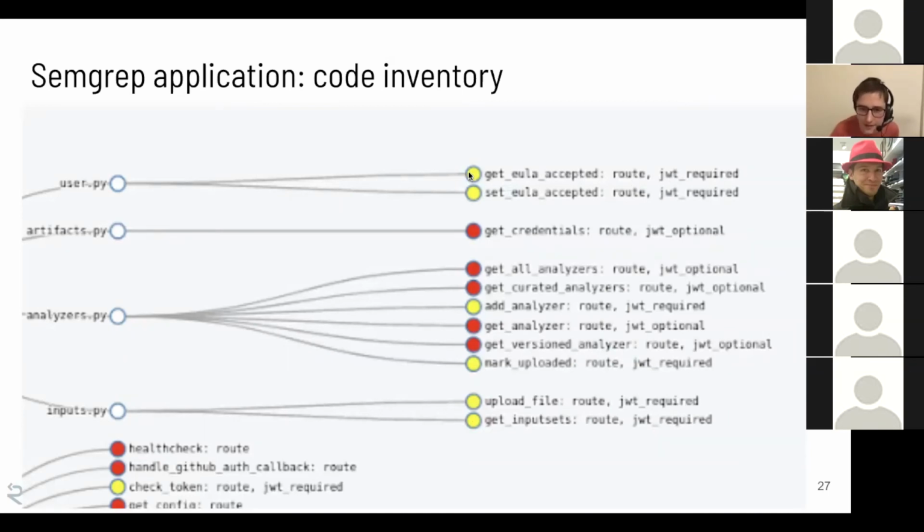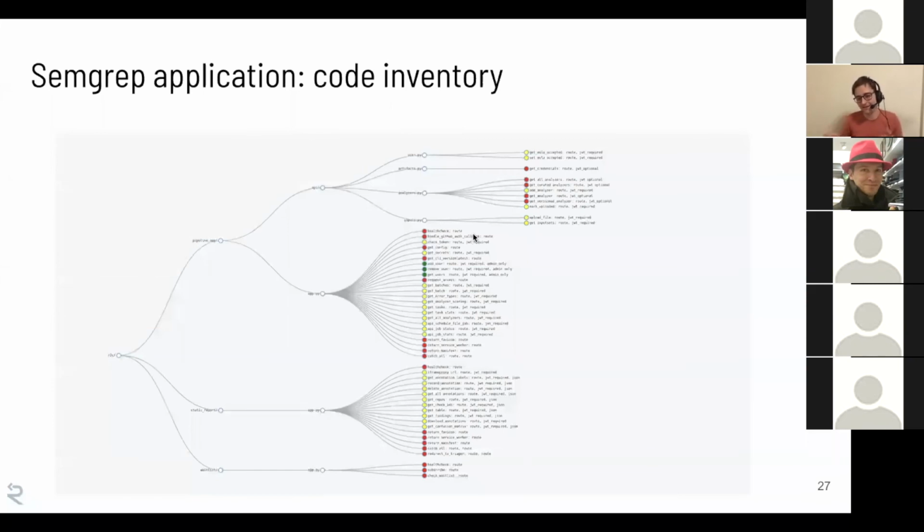I guess it's green. I guess I'm colorblind. This red mark means that authentication is optional, and so it's a really nice view for our infosec guys to have a nice inventory and an overview of what's going on in our company and what they need to be worried about as the attack surface.